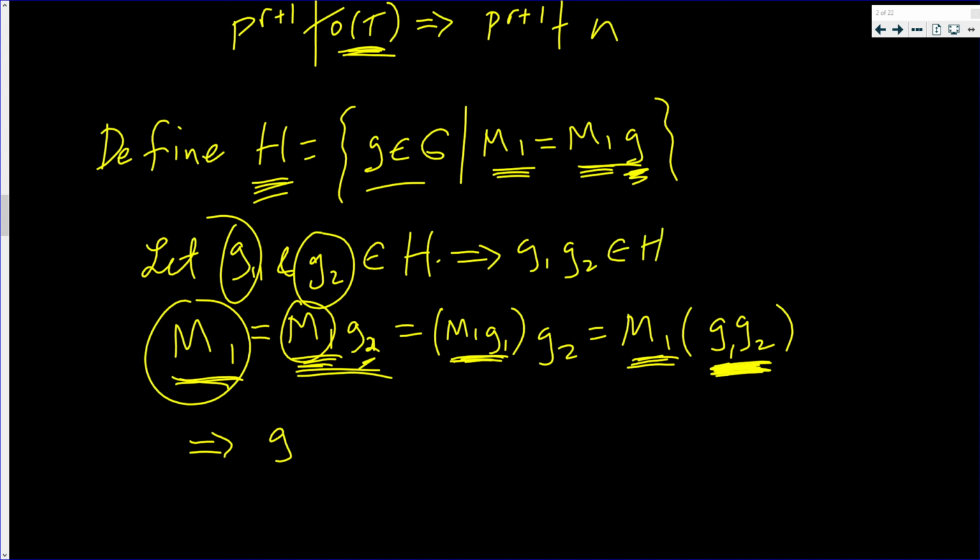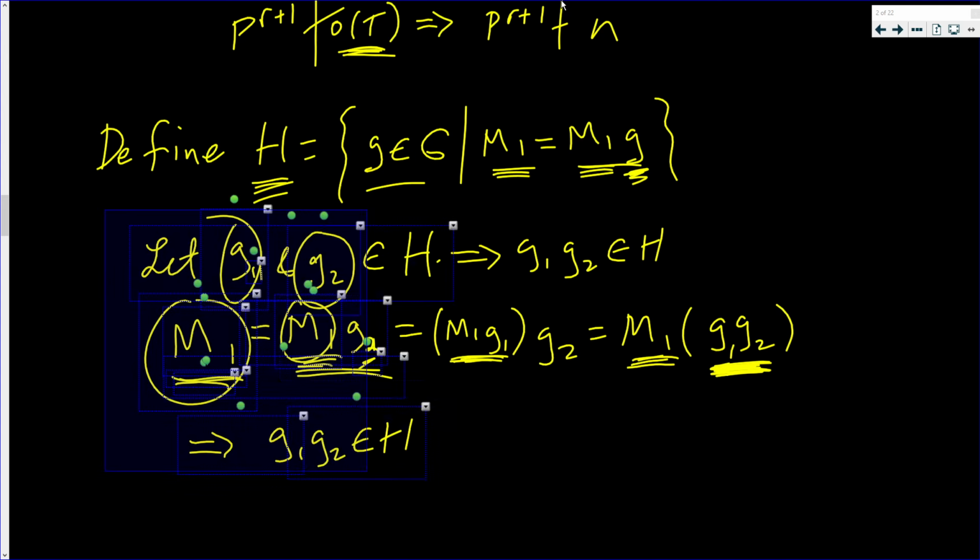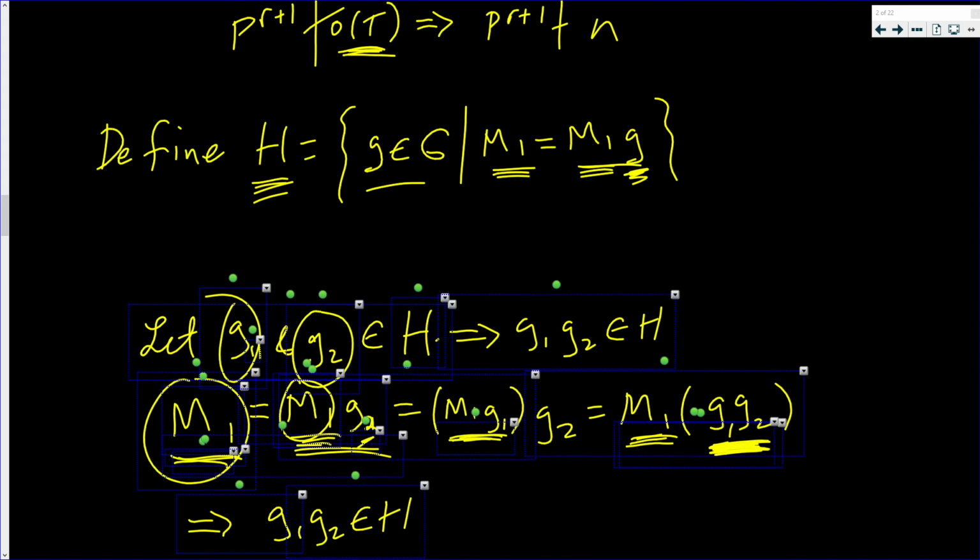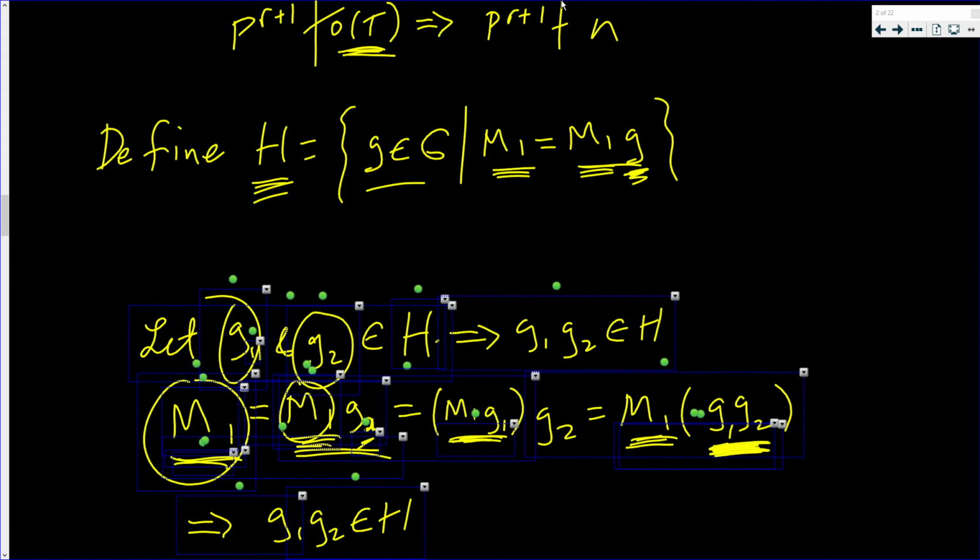And there's one little thing I didn't show. This implies that G1 G2 is in H. Okay, I guess we should show, so I'm going to move this down, that H is not empty.